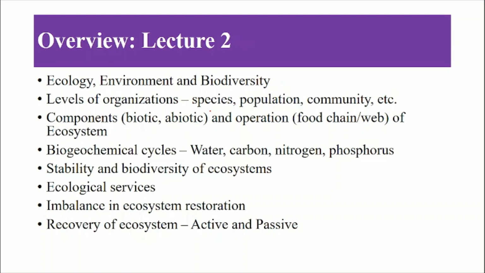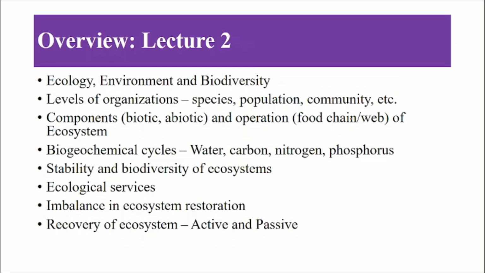So plants are primary producers, and the herbivores are primary consumers. Then these primary consumers are consumed by the secondary consumers, which are carnivores and other carnivores. So it is a sort of chain which links these different components of the ecosystem.